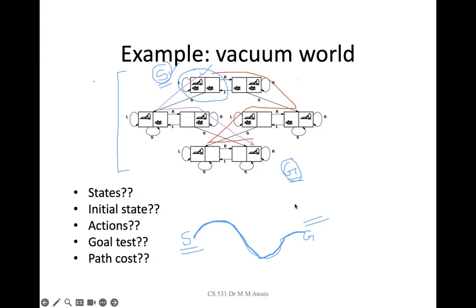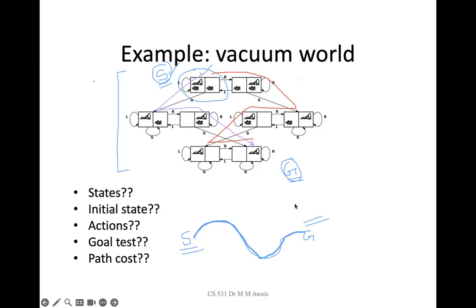Also, in the red path, it took more steps to reach the goal, 6 steps, and the blue one was only 4 steps. You are absolutely right.